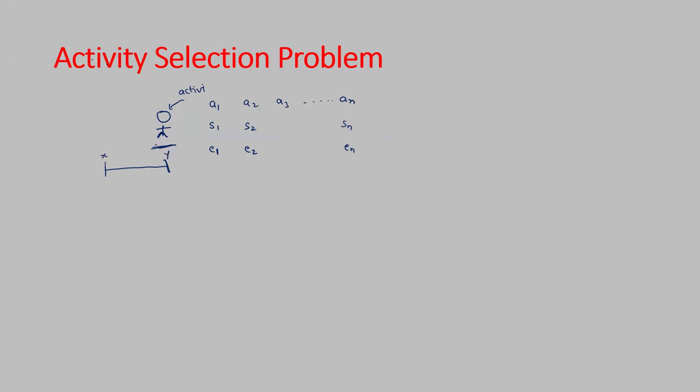So what is the maximum number of activities he can complete? That selection this person needs to do from the list of activities assigned to him. This is what we need to learn under the activity selection problem. So let us see how to do this.